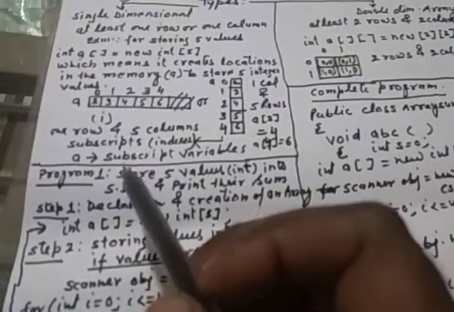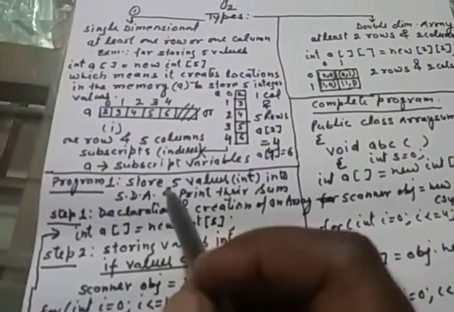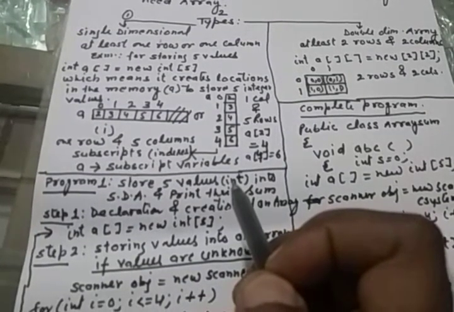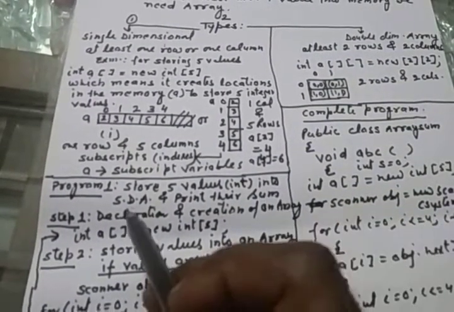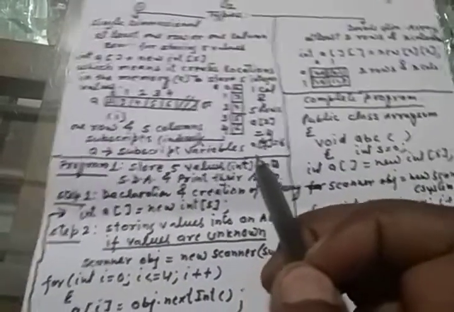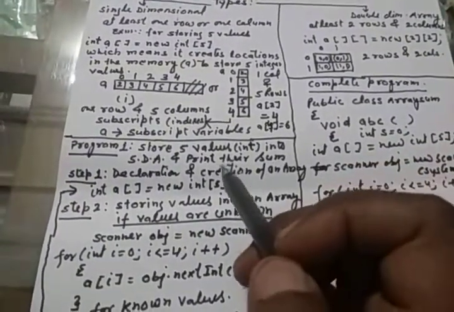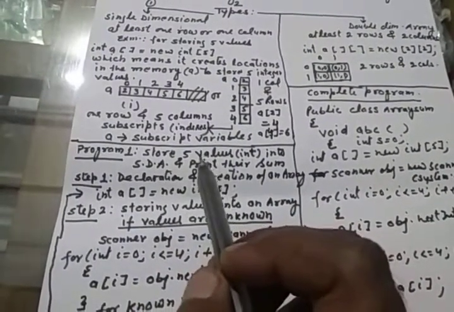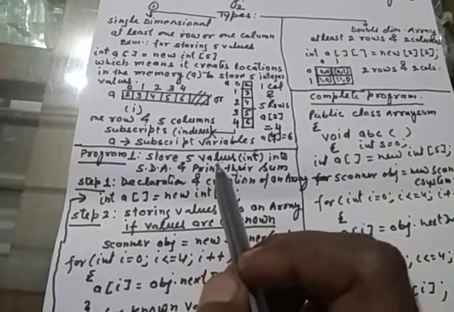Another point. See here. Suppose there is one program: store 5 integer values into a single dimension array and print their sum. Suppose you have to do this program by using array. So the question is very clear. We have to store 5 values.